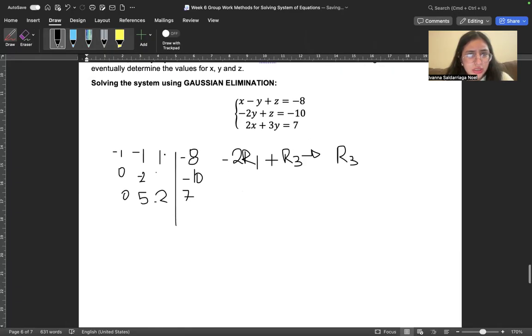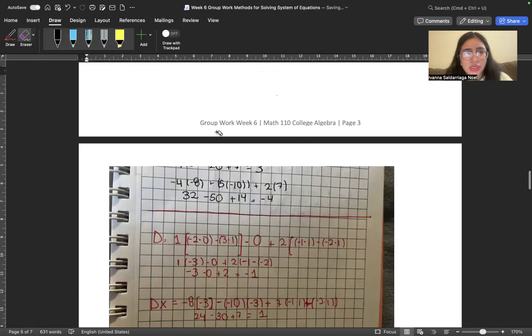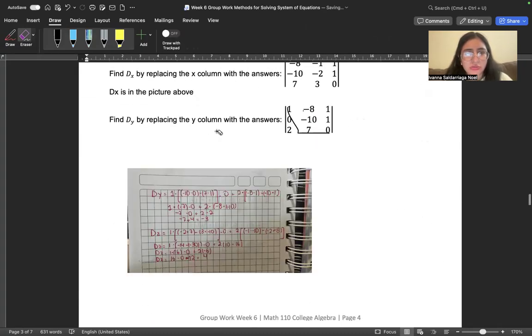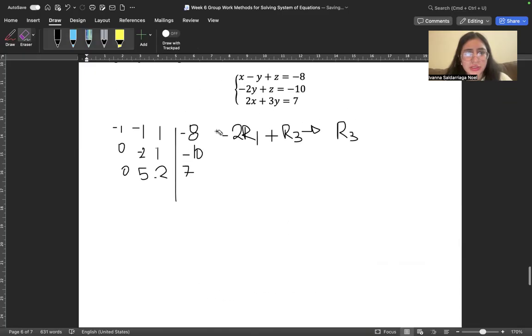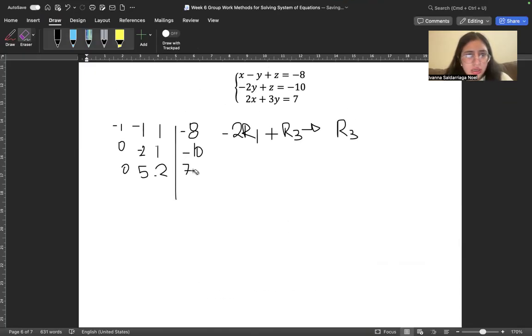I forgot. Oh, 1. And this is minus 2. Multiplied by minus 8, it will be 16. 16, 7, 23. Well, I have all the procedure in the first page, but I will try to explain what I did. And this becomes 23.